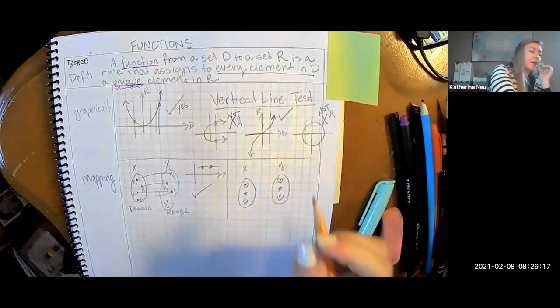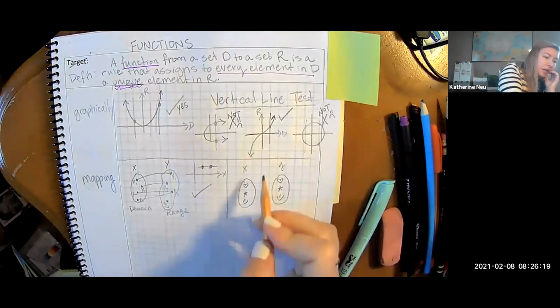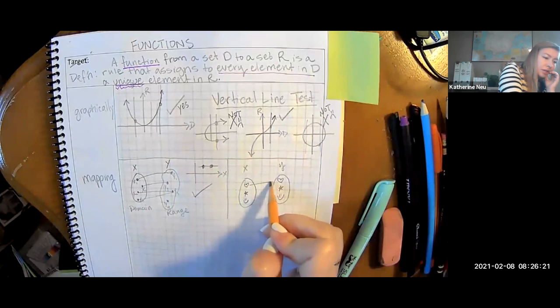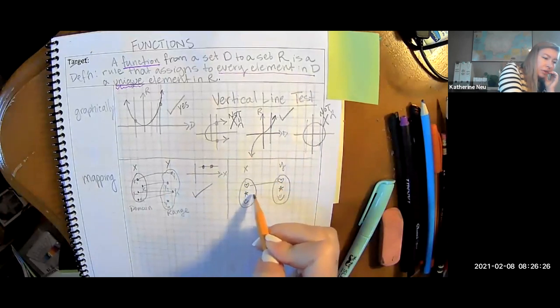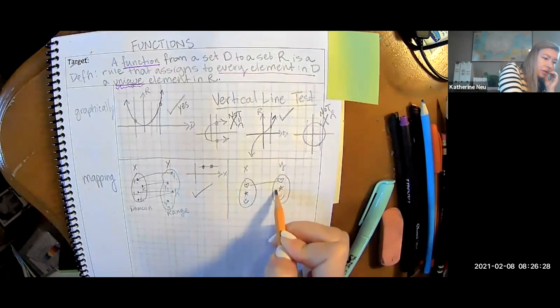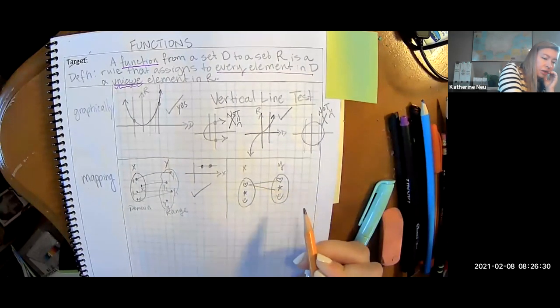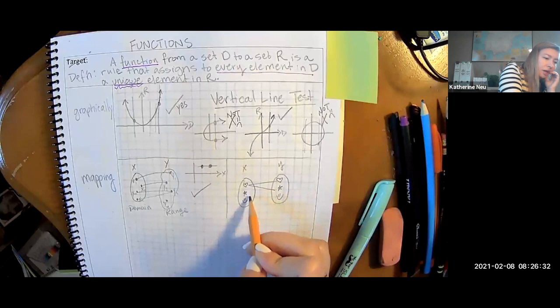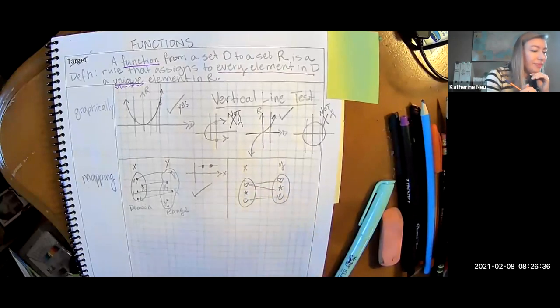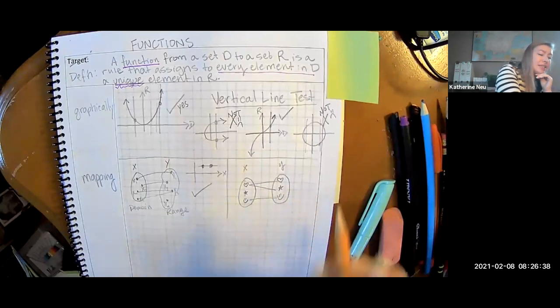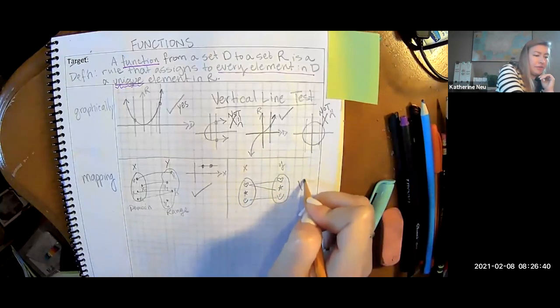And in this case, I'm going to have it to where heart goes to heart, and also heart goes to star, and then smiley just goes to smiley. In this case, this is going to be not a function.